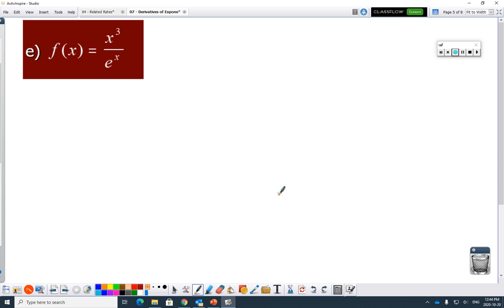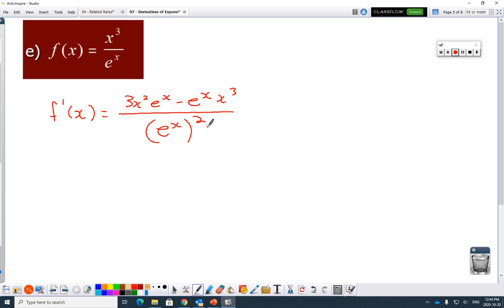Quotient rule now. I'll move pretty quickly. Derivative of the top times the bottom minus derivative of the bottom times the top all over the bottom squared.